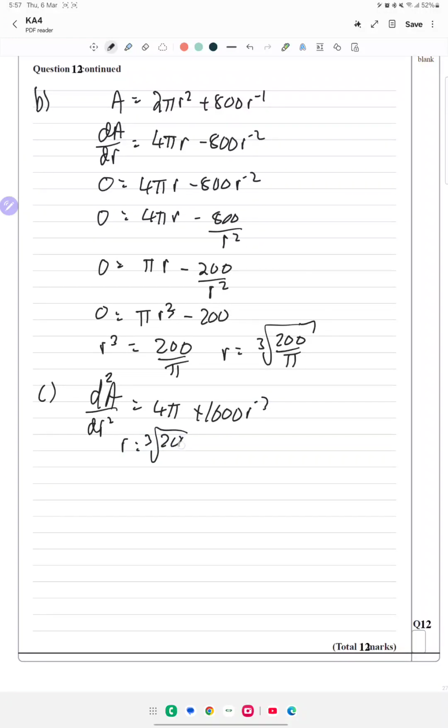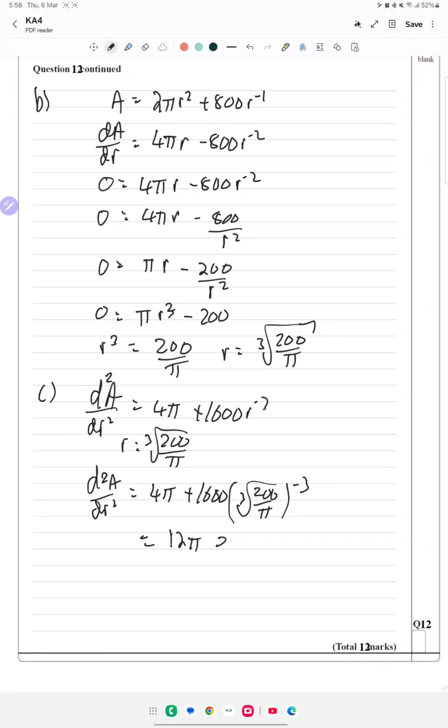Sub in the r value, d2a by dr squared, 4 pi plus 1600, cube root 200 over pi to the minus 3, which will come out to be 4 pi plus 1600 over pi, 12 pi actually, which is quite nice, which is more than 0.